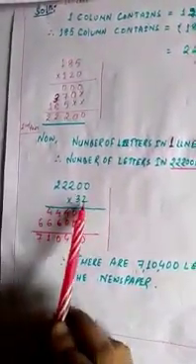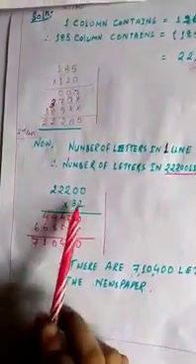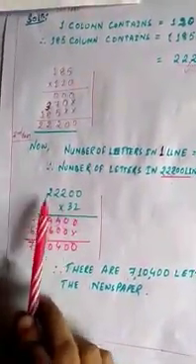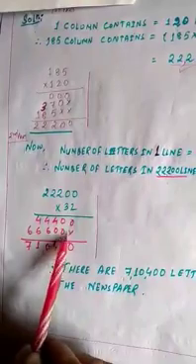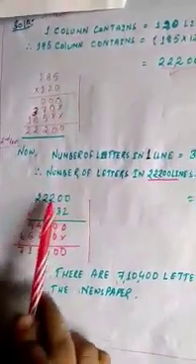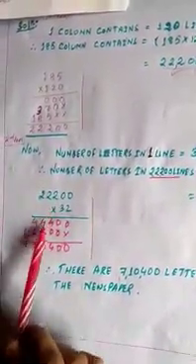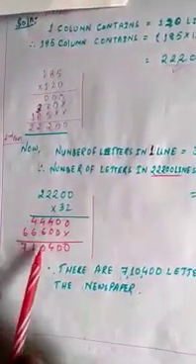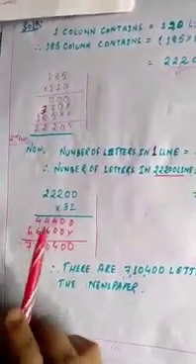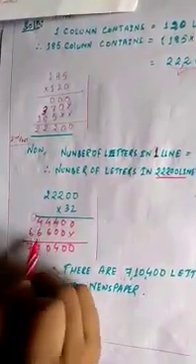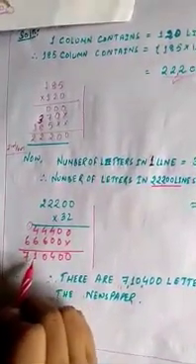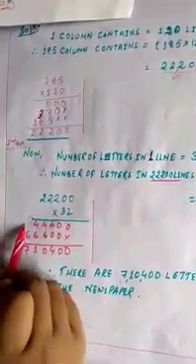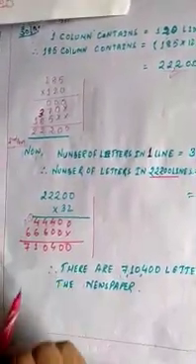So after multiplying by 2: 2 twos are 4, 2 twos are 4, 2 twos are 4, and this cross, then 3 zeros, and 3 twos are 6, 3 twos are 6, 3 twos are 6. So 0 plus 0, 4, 6 plus 4 is 10, 0 and 1 will carry forward. So 4 and 6 is 10 plus 1 is 11, 1 will carry forward to here. So plus 1 plus 6 is 7.